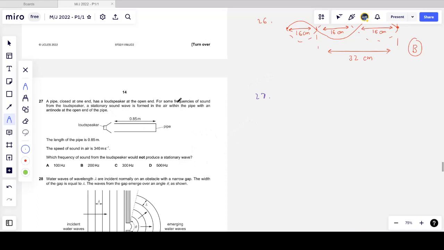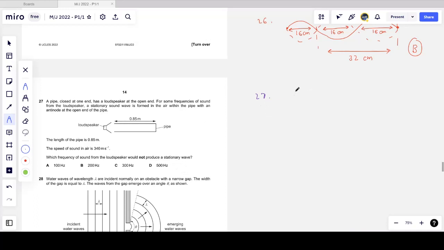We have a pipe that is closed at one end with a loudspeaker at the open end, and for some frequencies of sound from the loudspeaker, a stationary sound wave is formed in the air within the pipe with an antinode at the open end of the pipe, which we should know anyway. The length of the pipe is 0.85 meters, and the speed of sound in air is 340 meters per second. We want to know which frequency of sound from the loudspeaker will not produce a stationary wave.